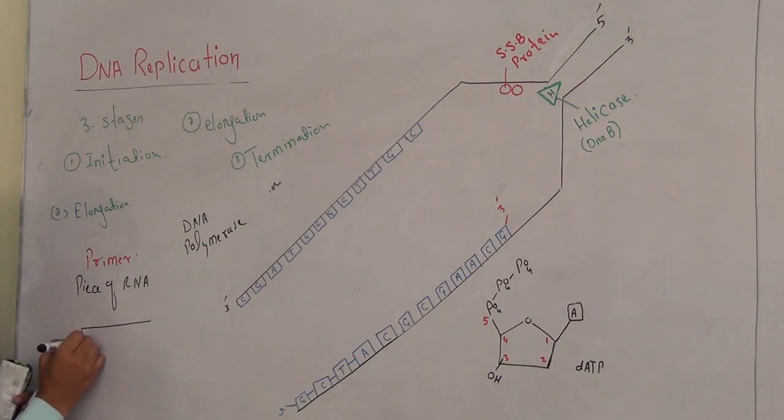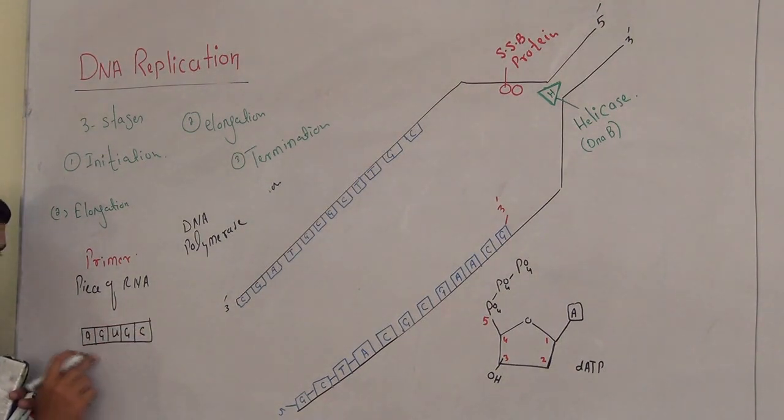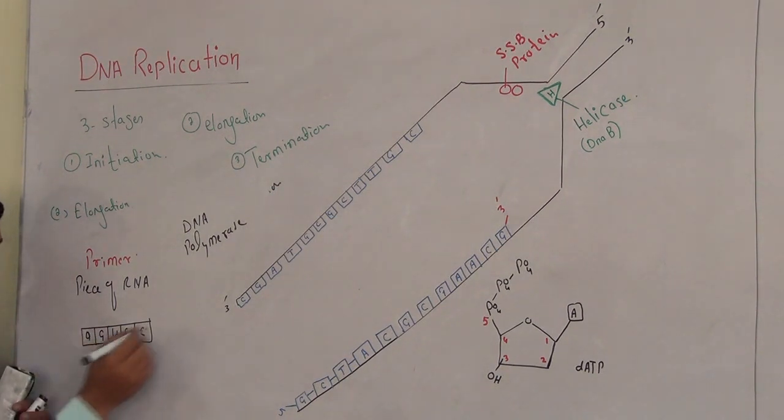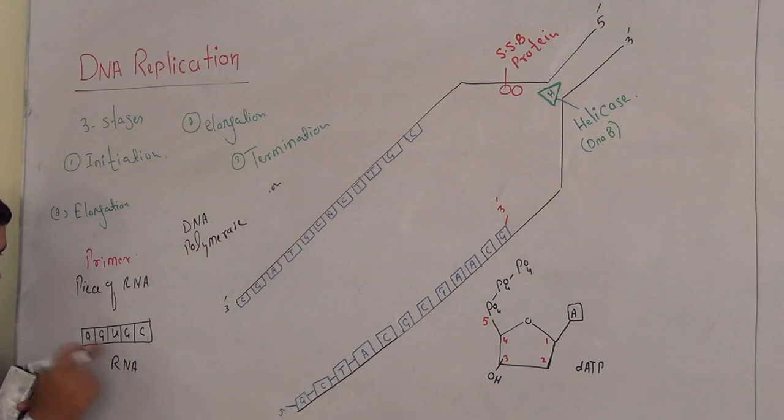Let's suppose this is a small piece of the RNA, containing adenine, guanine, uracil, and guanine and cytosine. It's not DNA, because you can see there is uracil, and uracil indicates this is RNA. So this is a small piece of RNA.